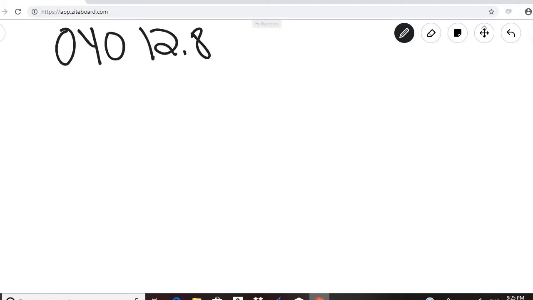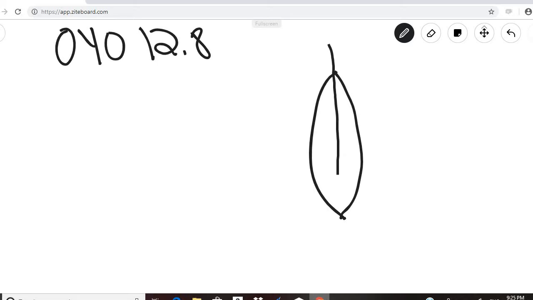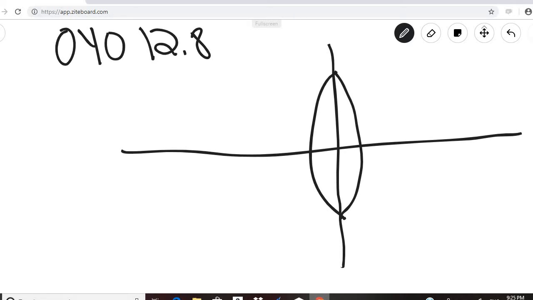So 12.8, again, we'll draw our lens here, draw our line down through the middle, and like this. And now we said that the focal points are 8 centimeters. So from the middle, this will be 8. So we'll try to make that about the same distance.